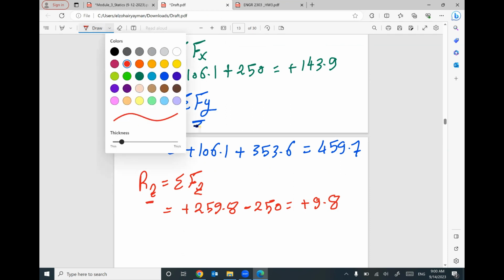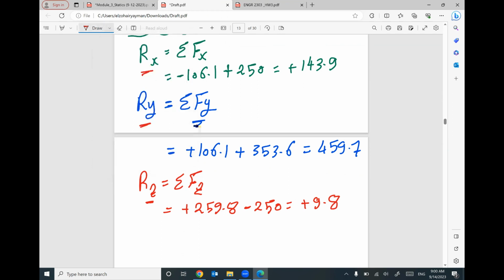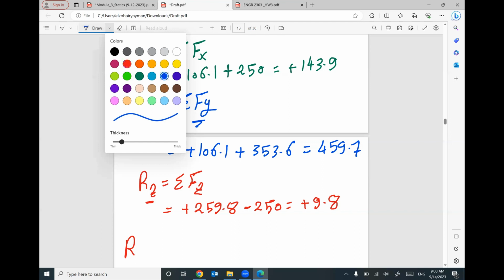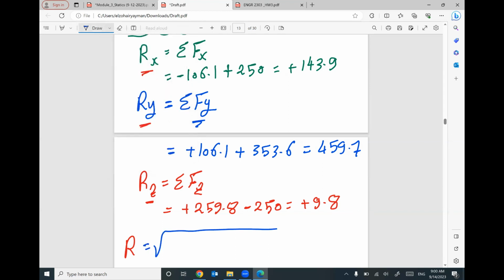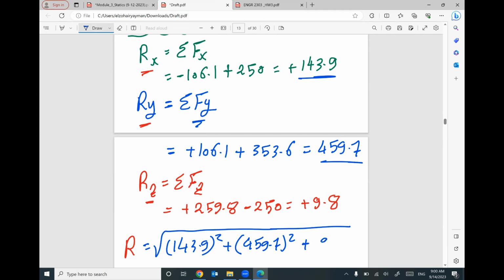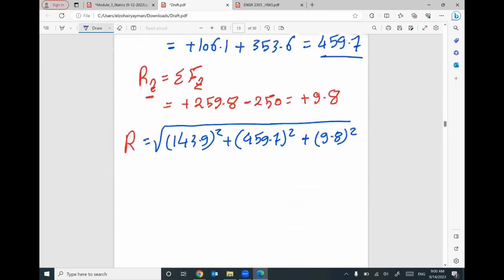But what about the value of your resultant? R equals the square root of the X component squared, 143.9 squared, plus 459.7 squared plus 9.8 squared.